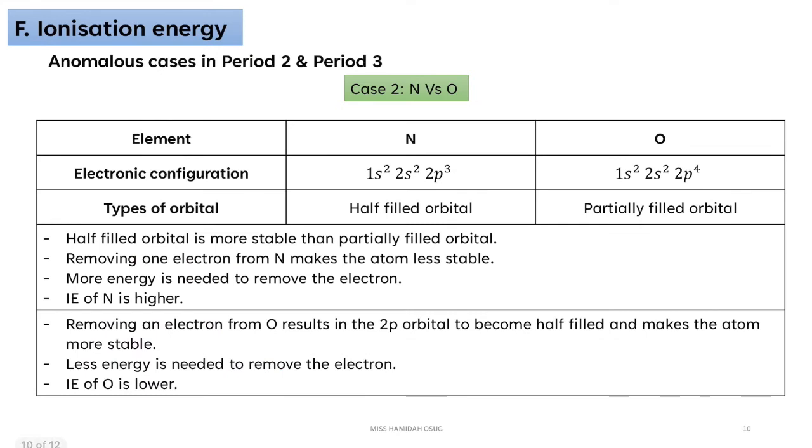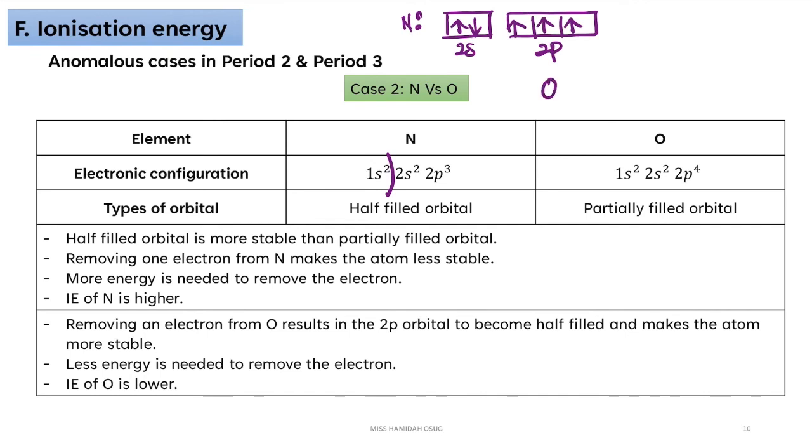Okay, now let's take a look at case 2. This is between nitrogen and also oxygen. So to explain, let us draw the valence electron shell for nitrogen and oxygen first. So for nitrogen, the valence electron shell is 2s2 2p3. So as we can see there, nitrogen will have a half-filled orbital for the valence shell.